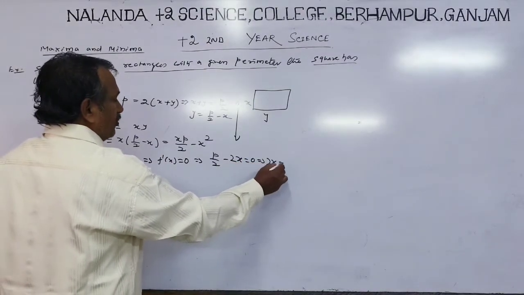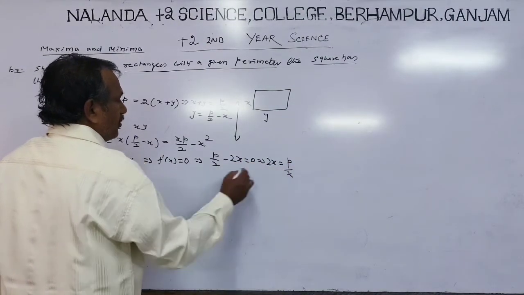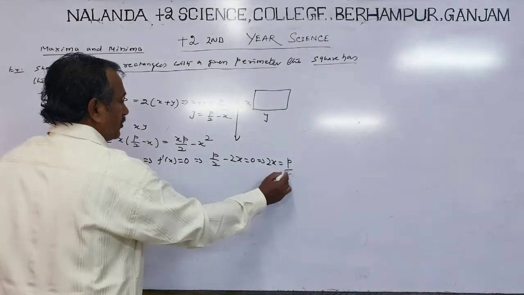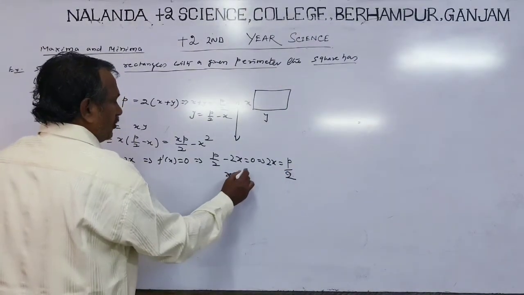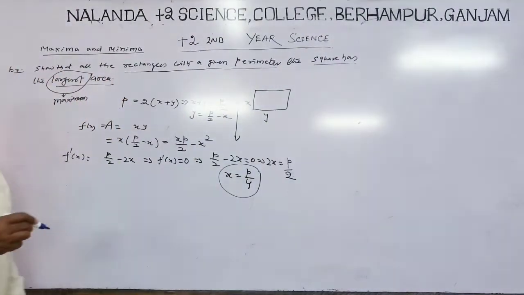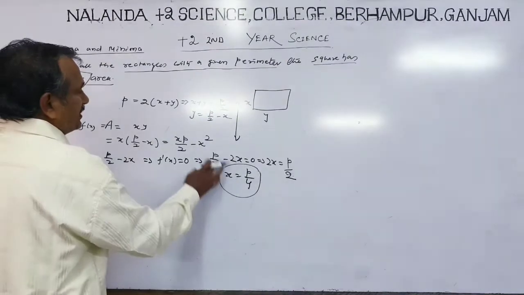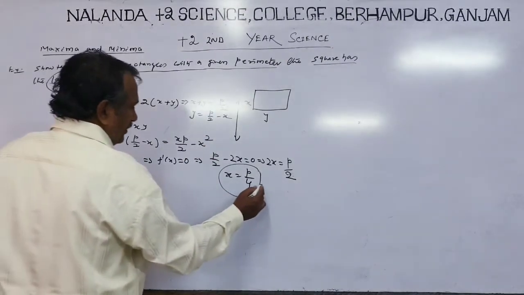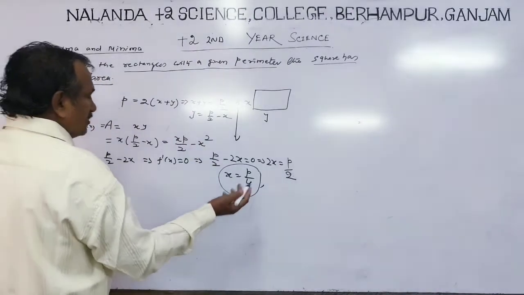So 2x equal to P by 2. So x equal to P by 4. Okay. So x equal to P by 4 means y is also P by 4. Okay.